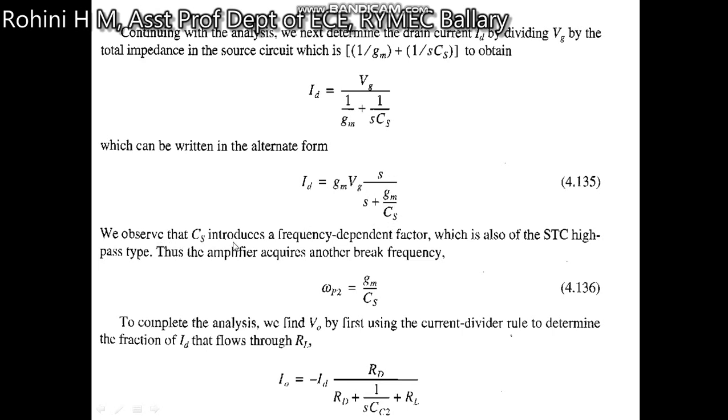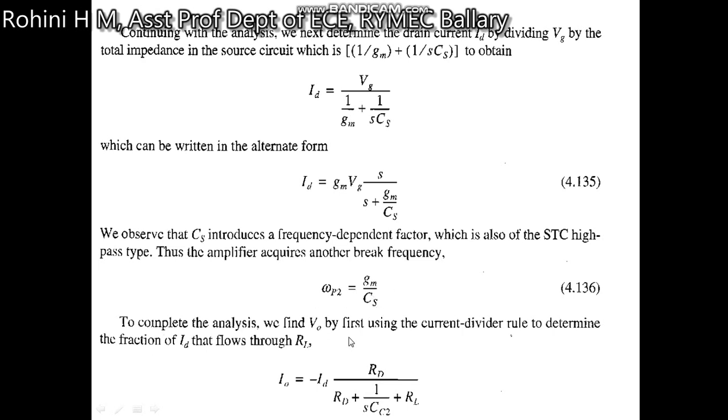We observe that Cs introduces a frequency dependent factor, which is also of the STC high pass type. Thus the amplifier acquires another break frequency omega p2, where omega p2 is equal to Gm divided by Cs.